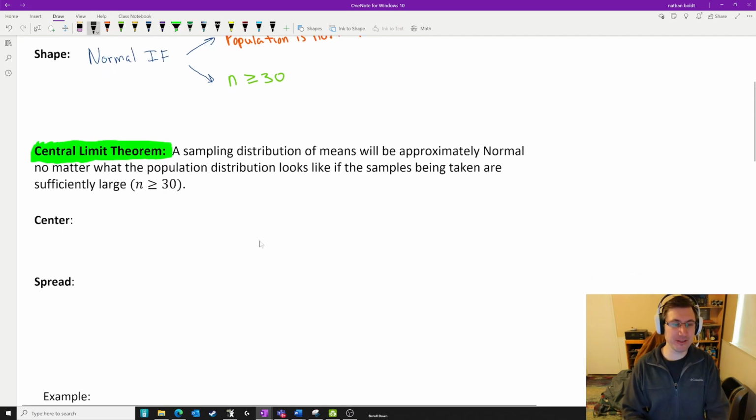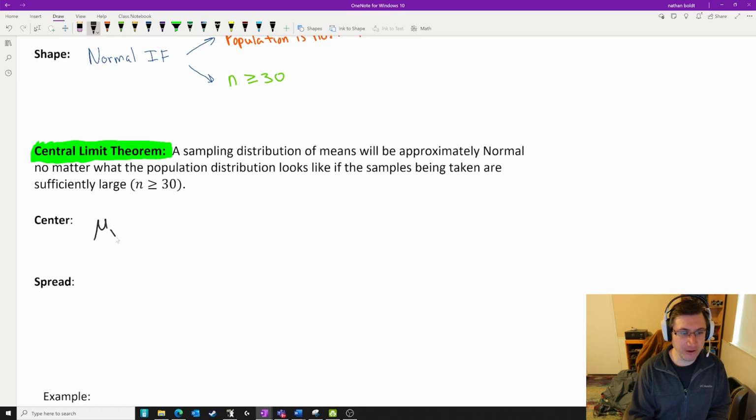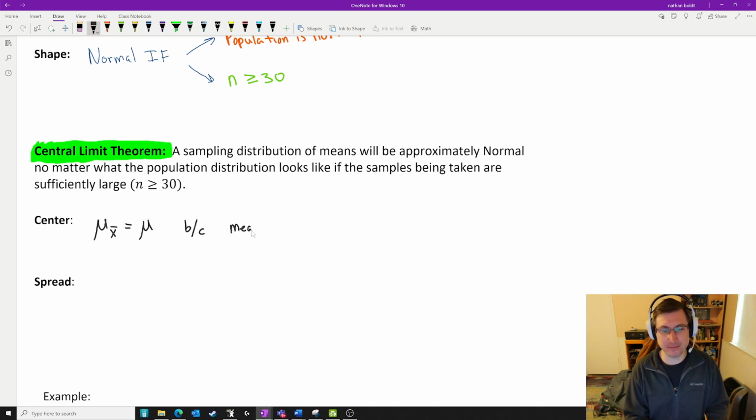What about the center? Well, the center, mu, of all the x bars, the average of all the x bars, will be equal to the population average, just straight up mu, because means are unbiased.